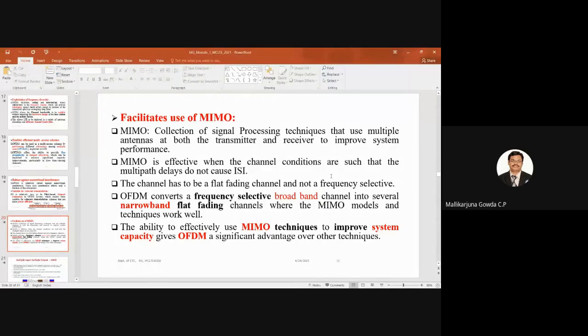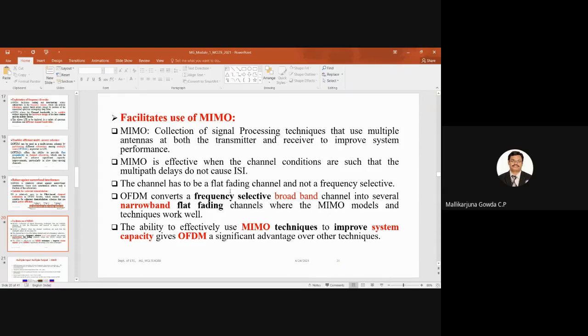This is effective when the channel conditions are such that the multipath delays do not cause intersymbol interference. Only in that case is this effective. The channel has to be a flat fading channel and not frequency selective. As of now, you are not aware of what flat fading and frequency selective are. We'll discuss that in subsequent classes.